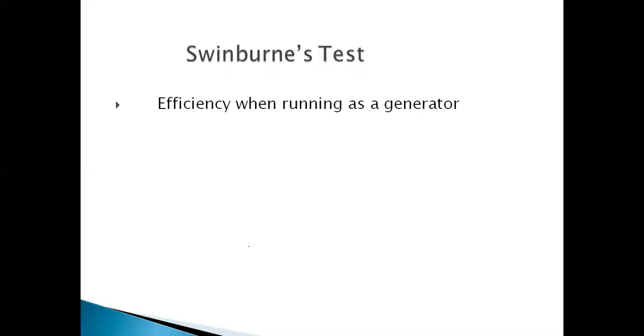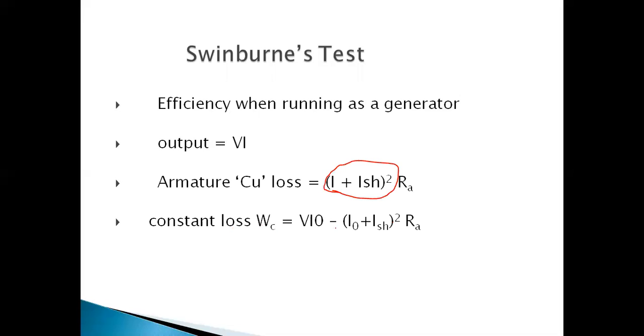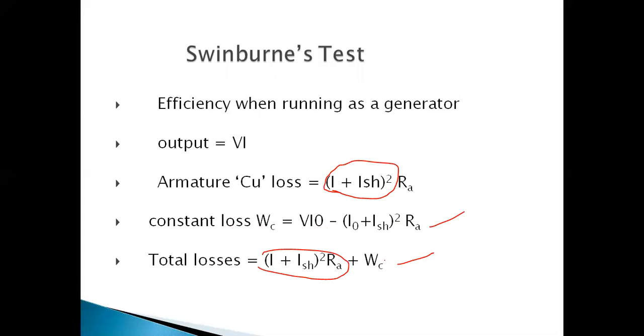When the machine is acting as a generator, output power is equal to V I. Armature copper losses use the armature current for generator action. Then constant losses are obtained by subtracting the armature copper losses from the no load input power. Then total losses is the addition of armature copper losses and constant losses.